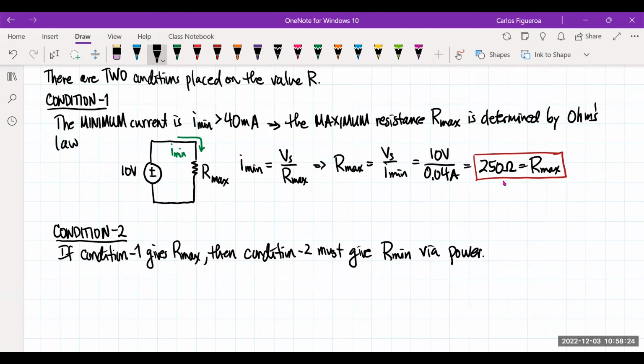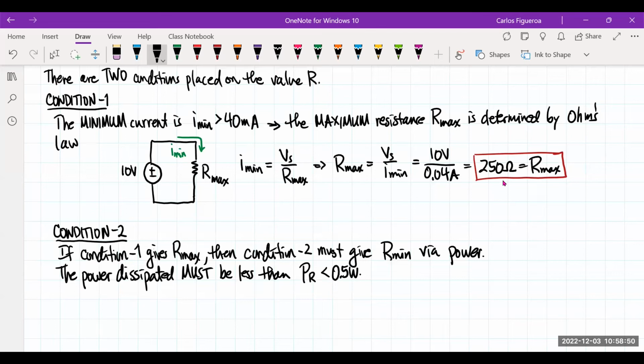So all we know here is that the power dissipated must be less than, P_R less than half a watt.